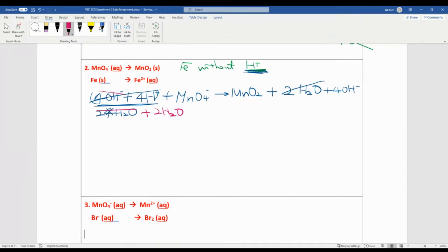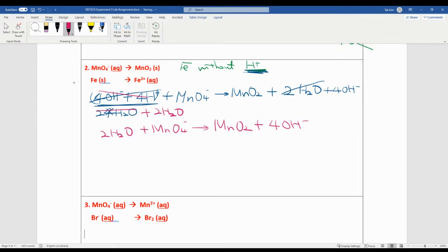Now you need to balance the charge. Hang on a sec, it looks really complicated. Let me just write it down again. So that one should be 2 water plus MnO4 minus goes into MnO2 plus 4 OH minus, right?